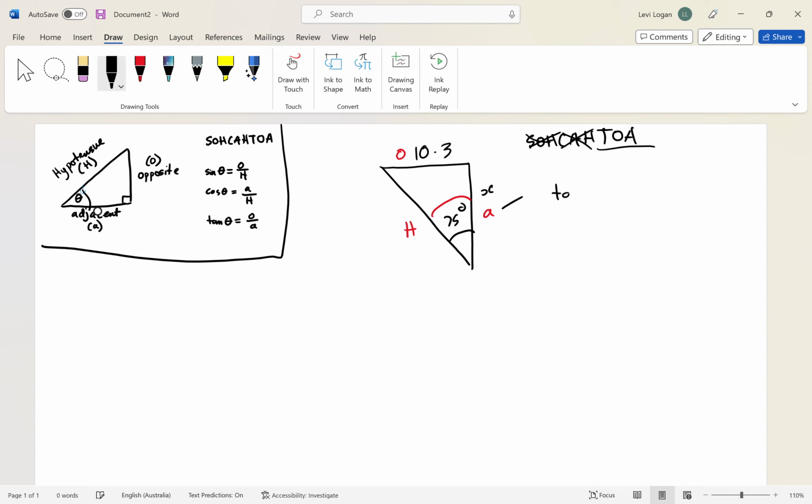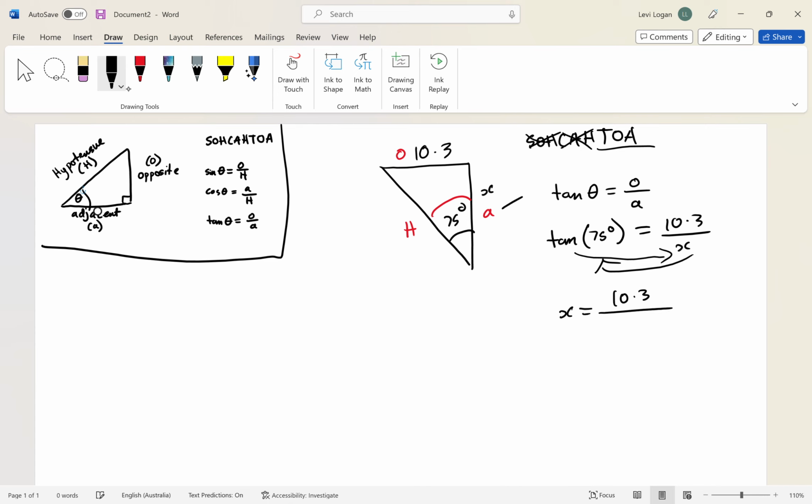So tan theta equals opposite over adjacent. We have our angle is 75 degrees, so tan of 75 degrees is equal to 10.3 over x. And we're going to do the same thing like we did in that other problem. Move the x up there and move the tan 75 down there. So x is 10.3 over tan of 75 degrees. If you're wondering how I did that, it was pretty similar to the last problem.